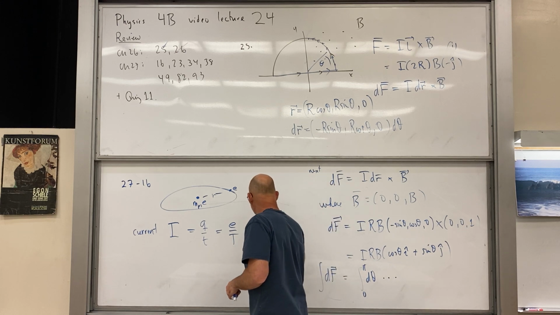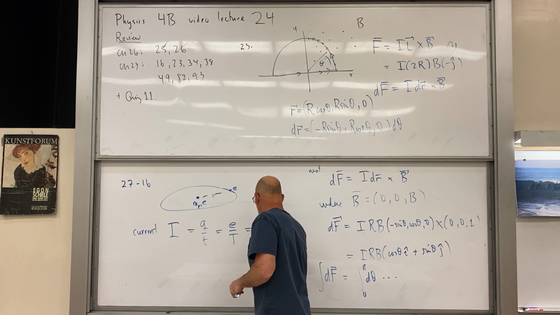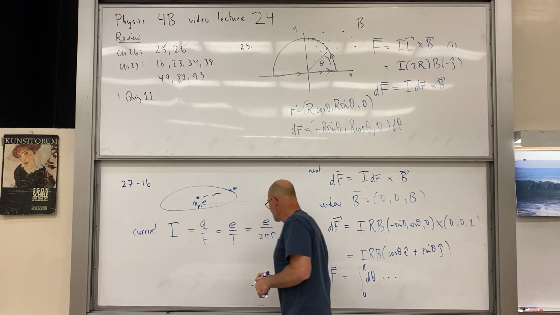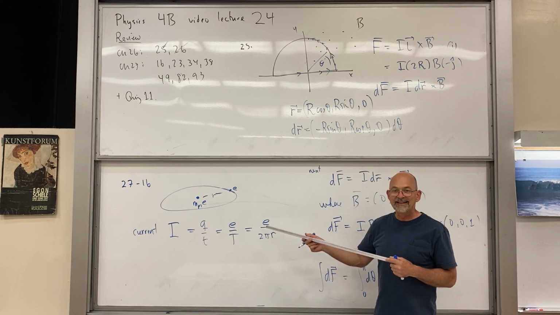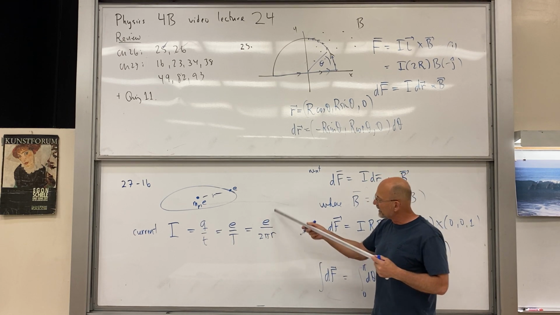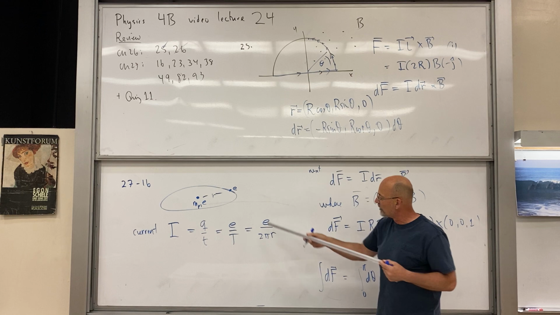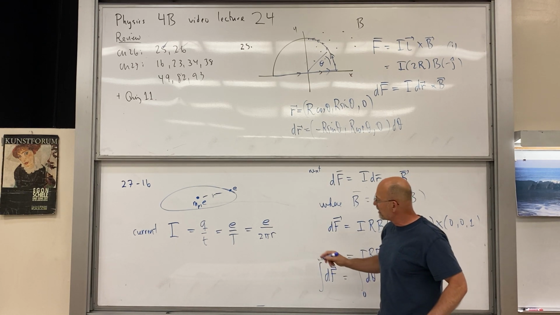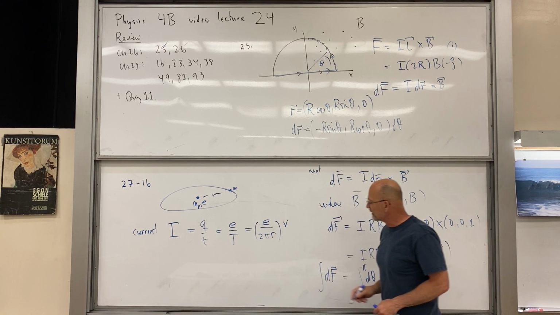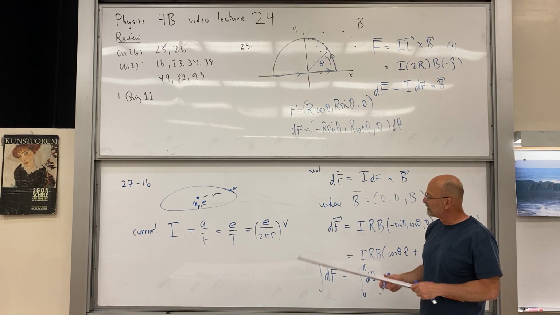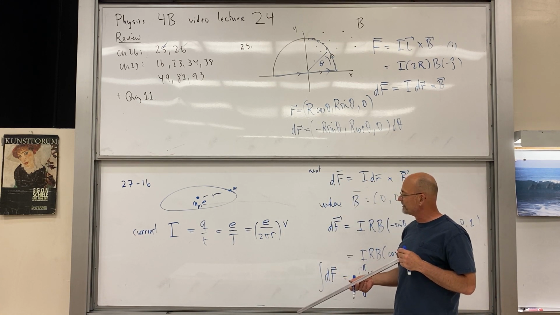You could also think of it as, and this is equivalent, E over 2 pi r, because that would then be a linear current density, charge per length, and the length is just the whole circumference of that orbit. So E over 2 pi r times V, okay? Current density times V, that would give you a charge per time.